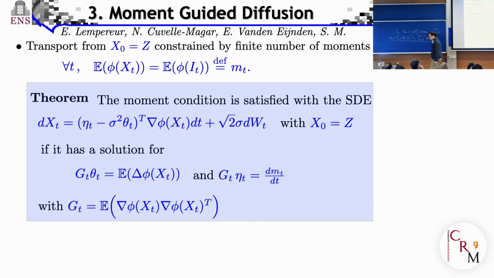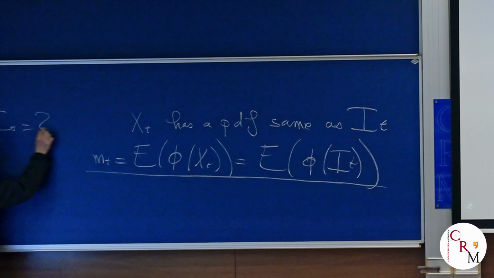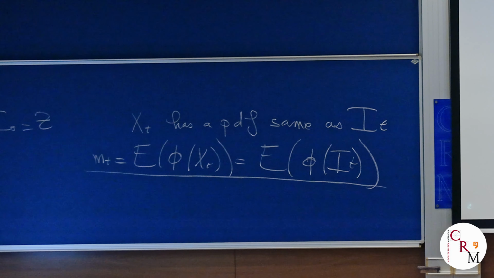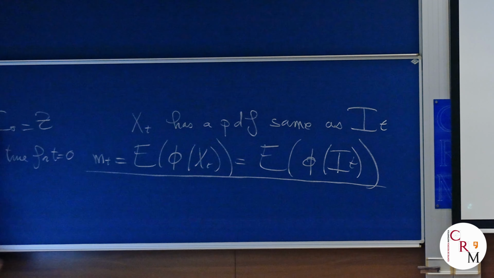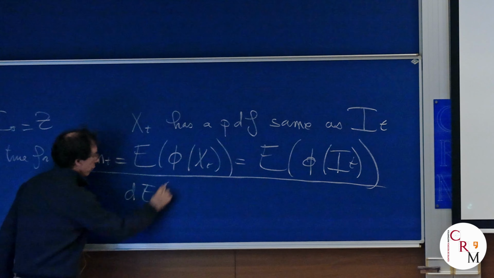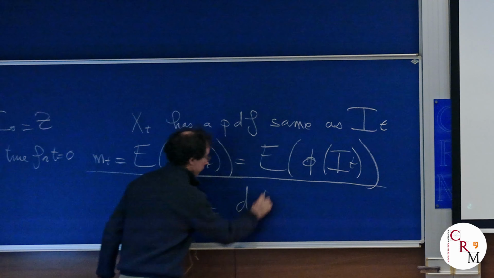So you begin from x0 equal to I0, equal to the noise. What you know is that this is true for t equals 0. Now you want this to be true at any time. So the only condition that you need to impose is that the derivatives are equal for all time.